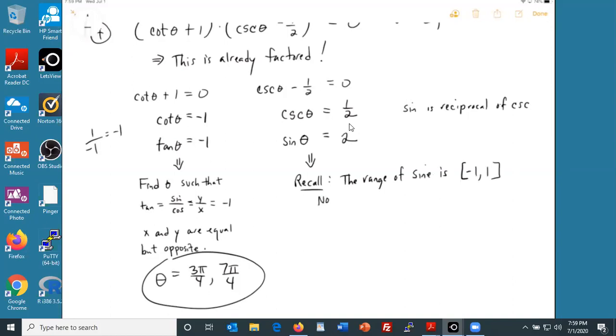All right, so no solution in this section, since 2 is not in the interval from -1 to 1, that is, the range of sine. So 2 is not a possible value of the sine function.